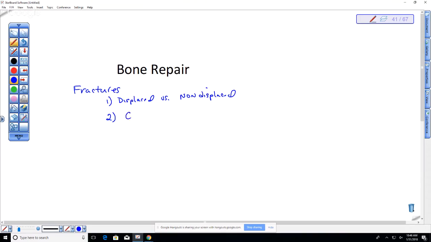We also have the complete versus incomplete. So this would be whether or not the bone has completely fractured all the way through, or whether it just has a crack in it. And one of the things that's really interesting about children is that their bones are a little bit more flexible.